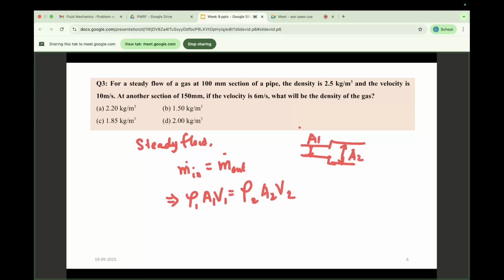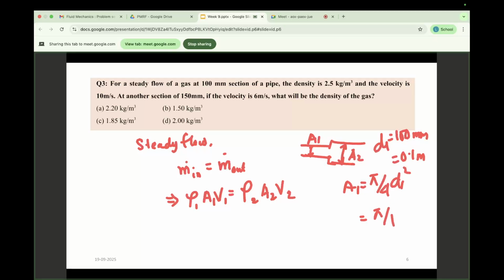As the diameter is given, I can write A1 is pi by 4 D1 square. Here D1 is given as 100 mm, that means 0.1 meter.